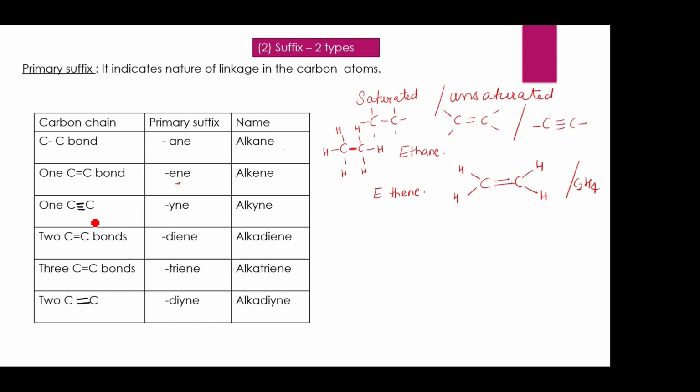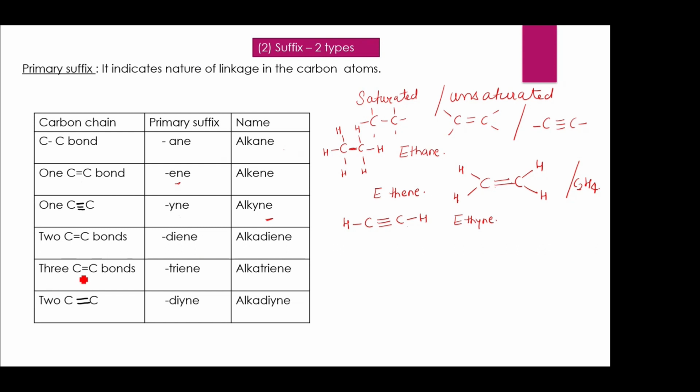If we have a C≡C triple bond, the primary suffix will be yne. So HC≡CH, the word root for two carbons is eth, and the name is ethyne.